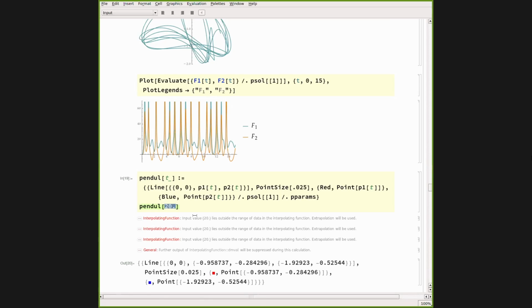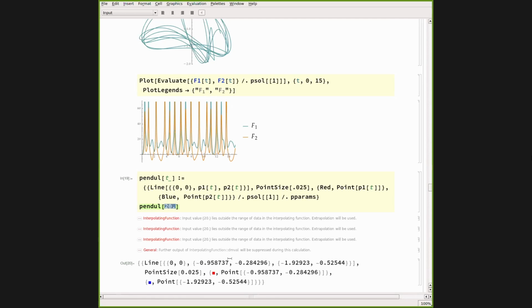Mathematica gives a warning that since this value 20 lies outside of the range of data in the interpolating function, it uses extrapolation. So it tries to extrapolate somehow these functions we have found and then returns the results. But usually for us, this is just rubbish. It doesn't make sense to make such extrapolation.